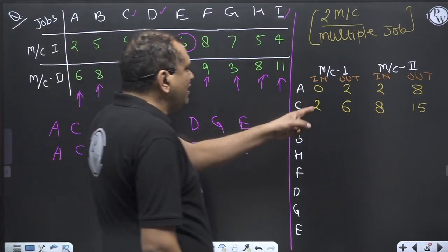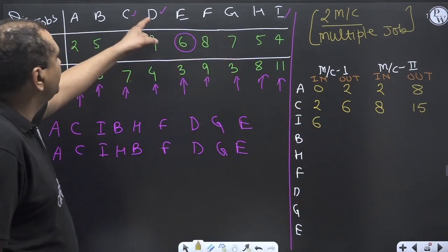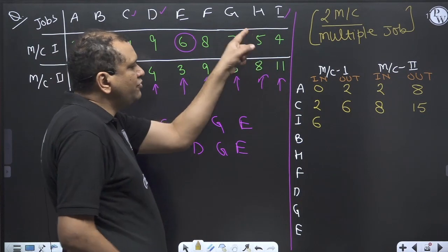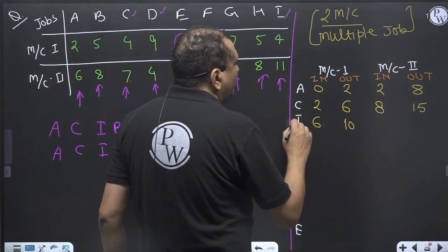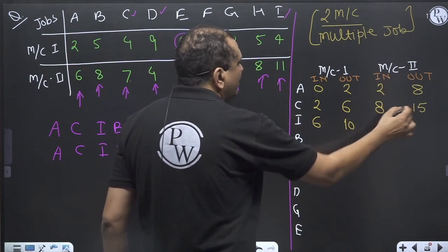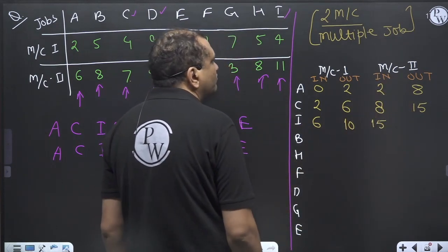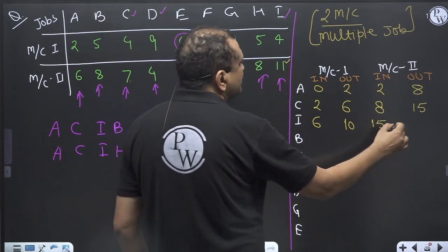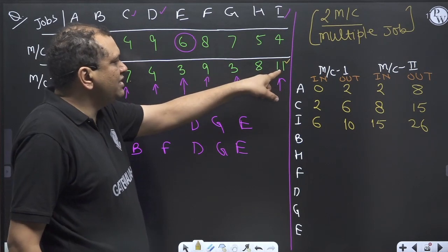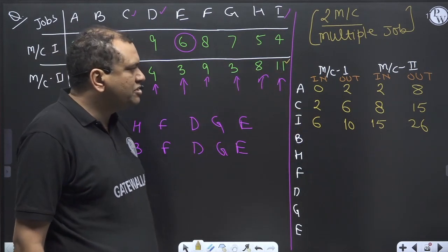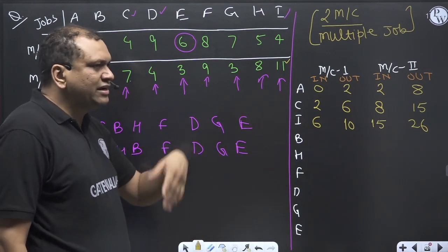Machine 1 is available for I after 6 unit time. I consumes 4 unit time in machine 1, so 6 plus 4 is 10. But for this product, machine 2 will be available only after 15 minutes. So 15 plus 11 is 26, because I consumes 11 unit time in machine 2. Understood now? Can you make the entire table?